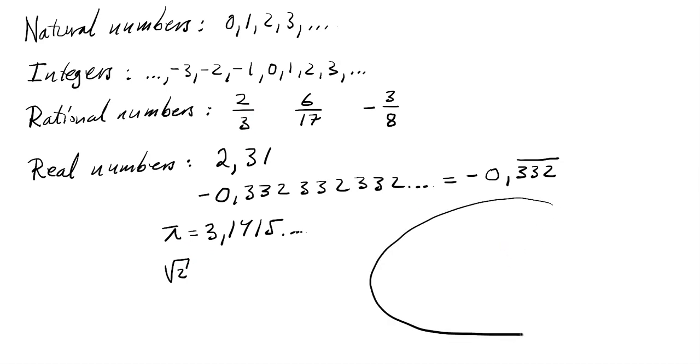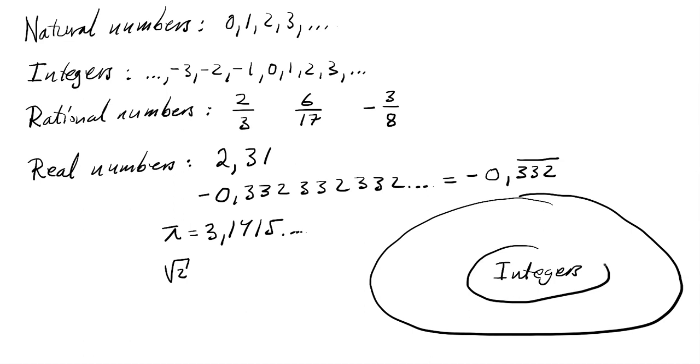So we have this subset figure. In the middle here we have the integers. So all the integers are in the middle. And we can also write an even smaller subset here, all the natural numbers. That is a subset of integers. And then we have the rational numbers.